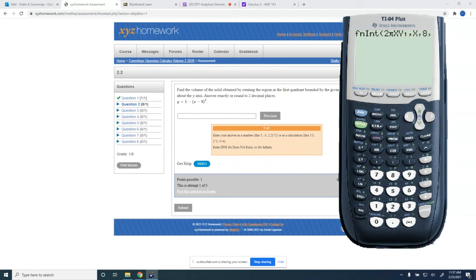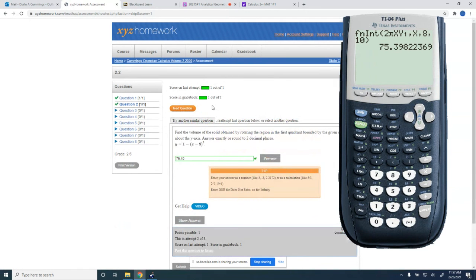Our lower limit is 8, our upper limit is 10. And we have 79.39.